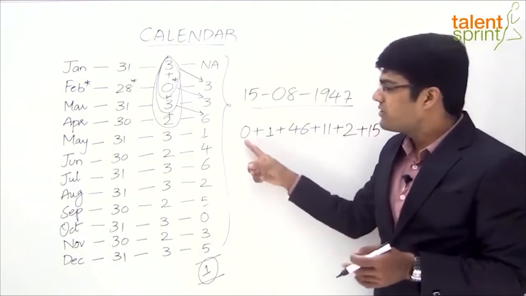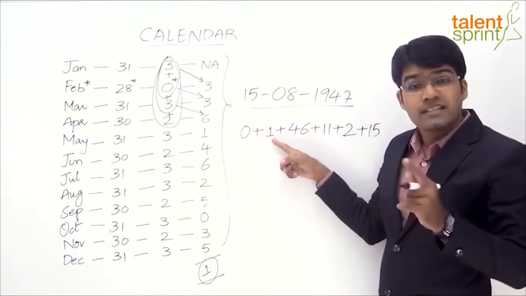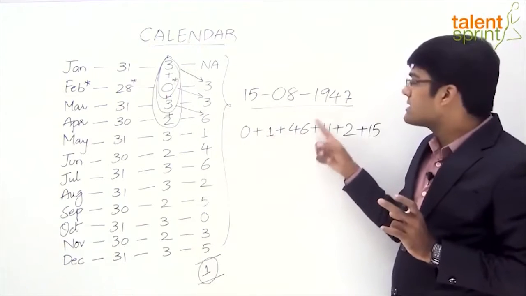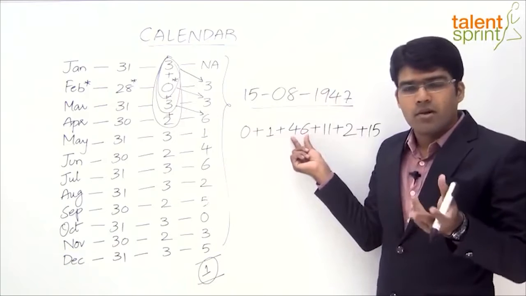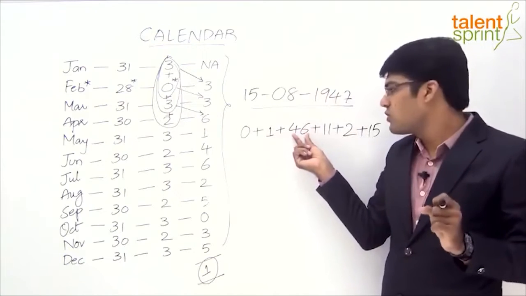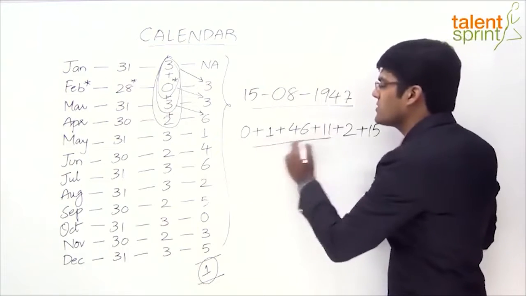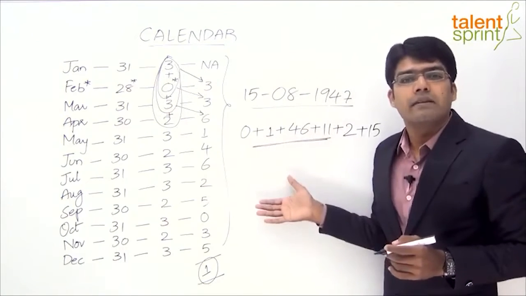So what's the logic here? 0, because for the past 1600 years, 0 odd days. 1 for 300 years, 1900. Then why 46? Because from 1901 to 1946, there are 46 years. 46 years will have at least 1 odd day every year. So 46 and 11 leap years, so 11 odd days. This calculation we have already understood in the previous example, where we have done the detailed calculation.